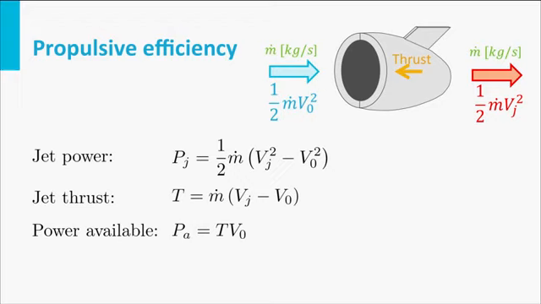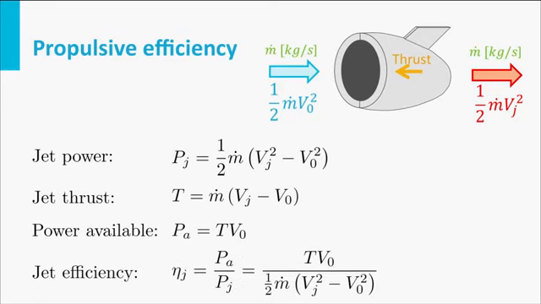Well, this allows us to calculate the efficiency of generating propulsion with a jet, simply by dividing the propulsive power, the available power, by the jet power. That gives us the equation T times V0, in this case with the exhaust speed as well, so we have to take the difference: T times V0 divided by half m dot times (Vj squared minus V0 squared).